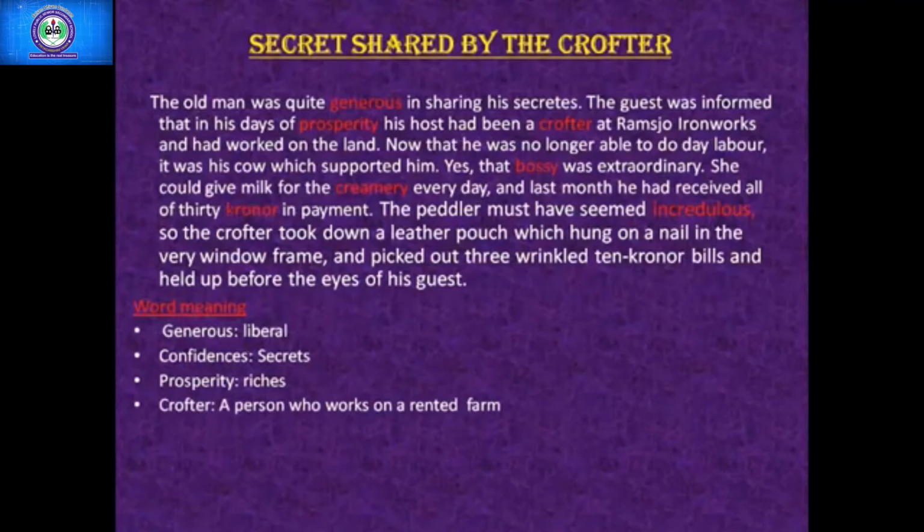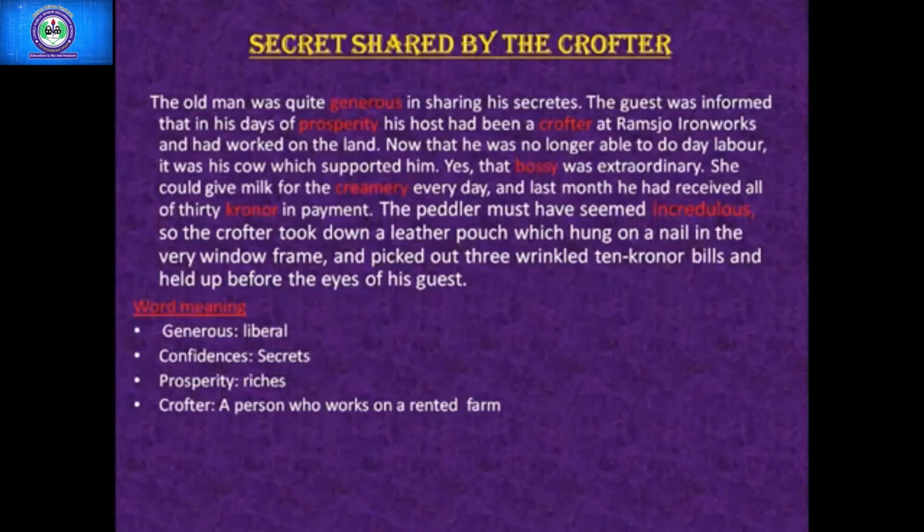A crofter is a person who works on a rented farm. So he was a farmer. He worked on a rented farm. But now he was no longer young, so he could not work on the farm. His host had been a crofter at Iron Works, and had worked on the land.